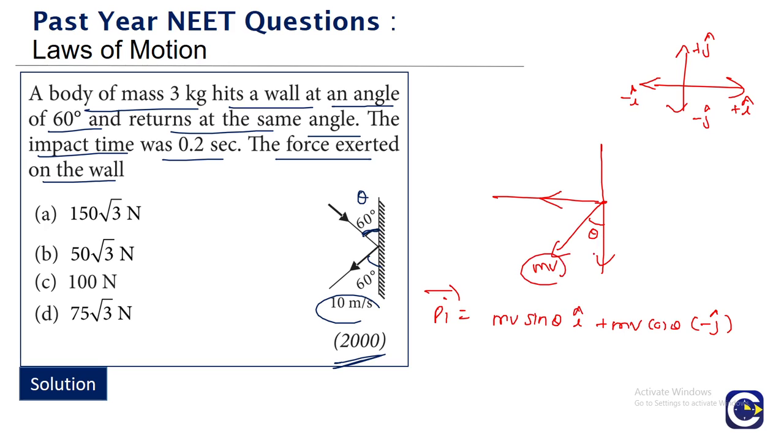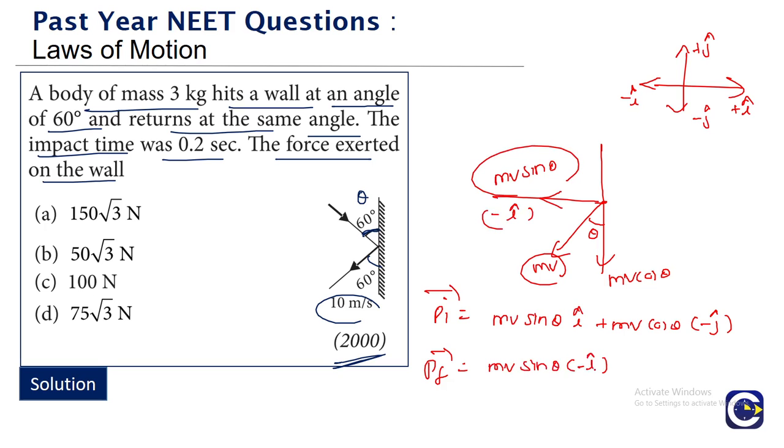Magnitude will be the same, mv. So this will be mv cos theta, and this will be mv sin theta. So for the final momentum, the component mv sin theta is along the minus i cap direction, so mv sin theta into minus i cap. Mv cos theta is as it is along minus j cap.